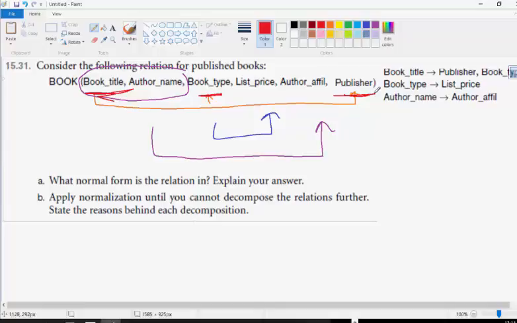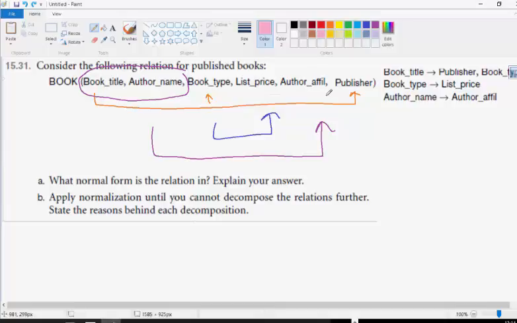The second one is from author name, I can get to author affiliation. Therefore, if I combine book title and author name, I can use that as my key. So, given my key, am I in second normal form?